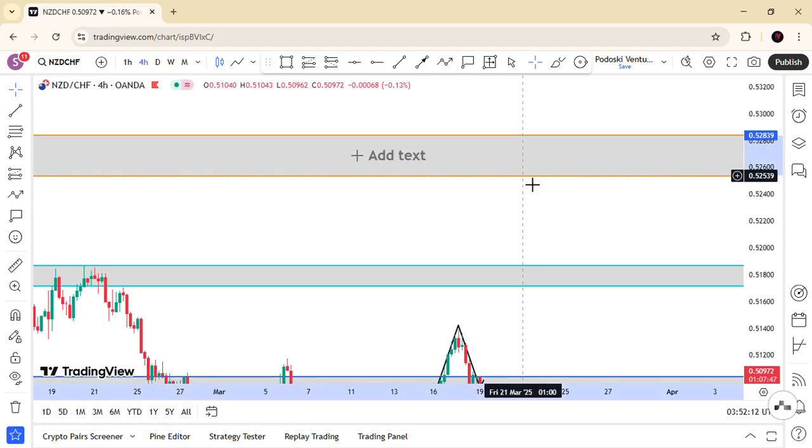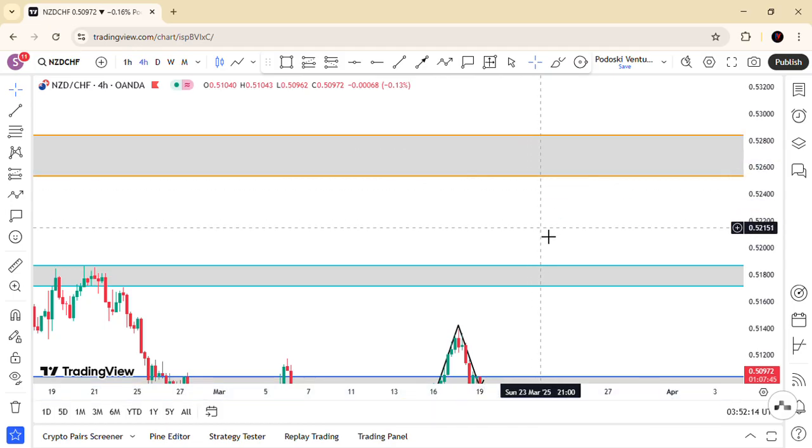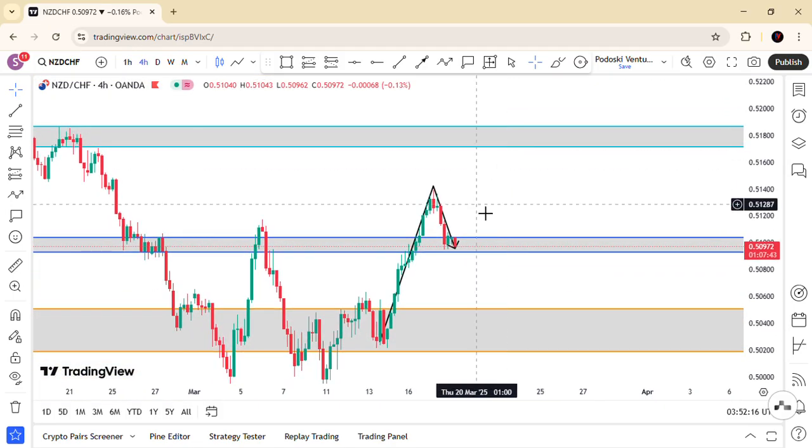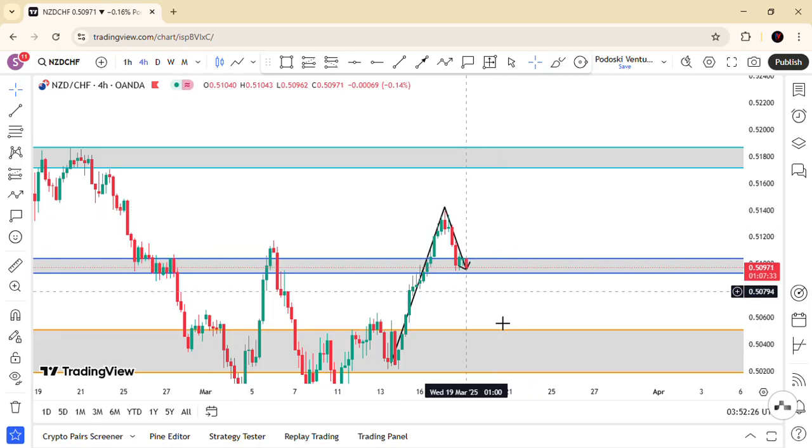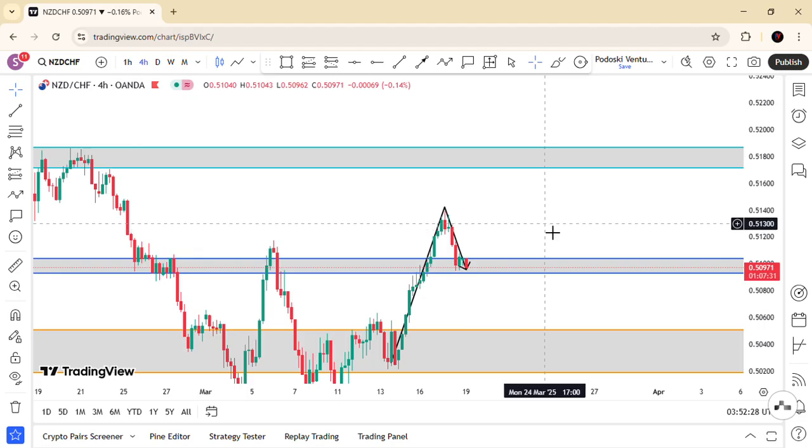You can exit at the weekly resistance and look for new entries. NZDCHF is ready. All you should be waiting for is a candle confirmation, then we buy NZDCHF.